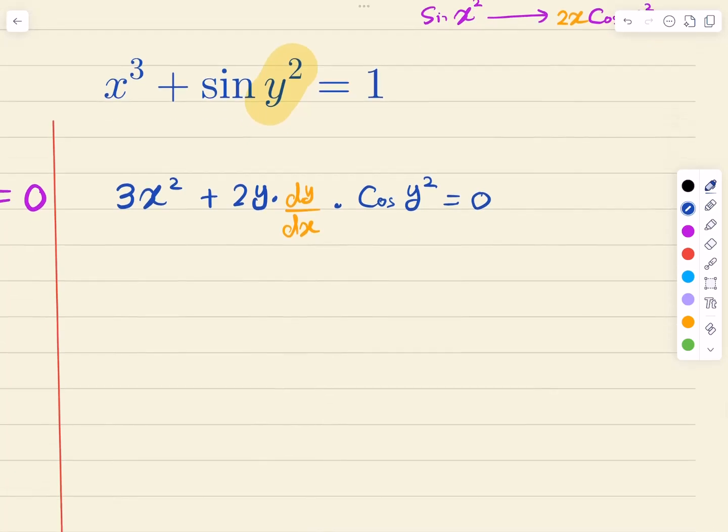Now, if we move 3x squared to the right, then 2y dy, or we can write it like this, 2y times cosine y squared, then dy over dx equals negative 3x squared.